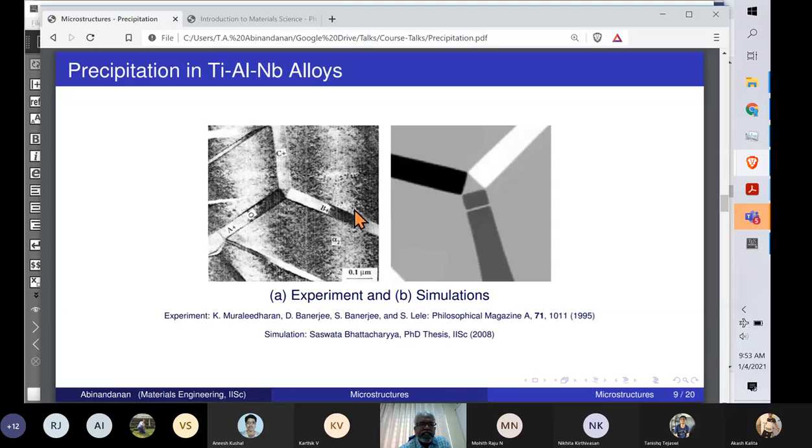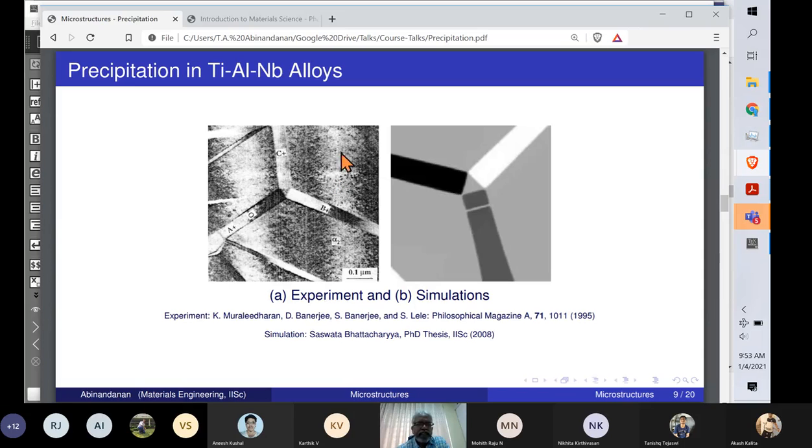And what you see here, the surrounding stuff is basically the original matrix phase from which you are producing the precipitate. And the precipitate can come in 3 different crystallographic variants. If that doesn't make any sense to you, don't worry. It is basically the same phase, but 3 different orientations of the crystal.